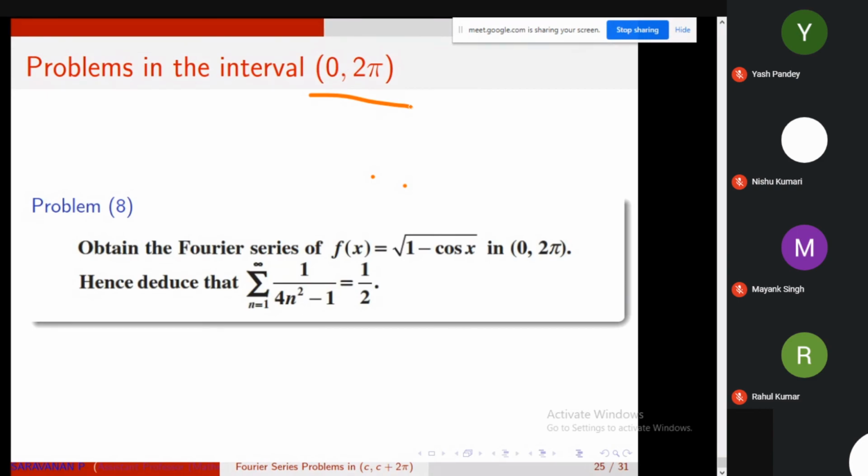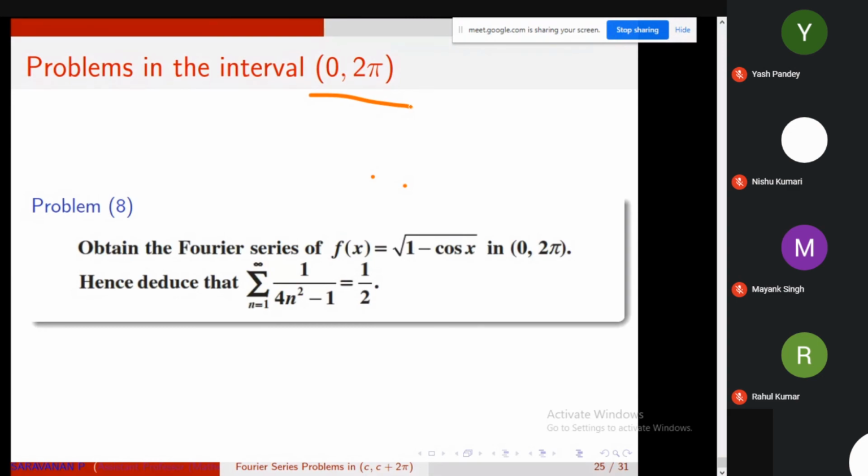Meanwhile, in the BS Grewal book, you can solve whatever problems are there in the interval 0 to 2 pi. There is another book you might be referring to, VP Mishra. You can also follow that, but there are some mistakes in that book, especially in Fourier transform, which is another topic.